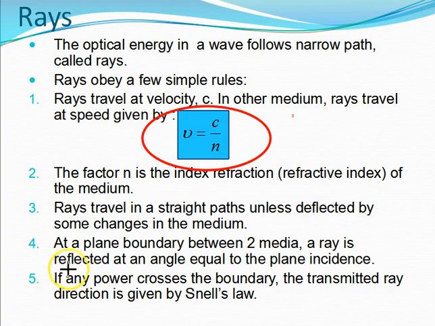The fourth law says that at a plane boundary between two media, a ray is reflected at an angle equal to the angle of incidence. So for a reflection to occur, the incident angle is equal to the reflected angle. If any power crosses the boundary, the transmitted ray direction is given by Snell's law.